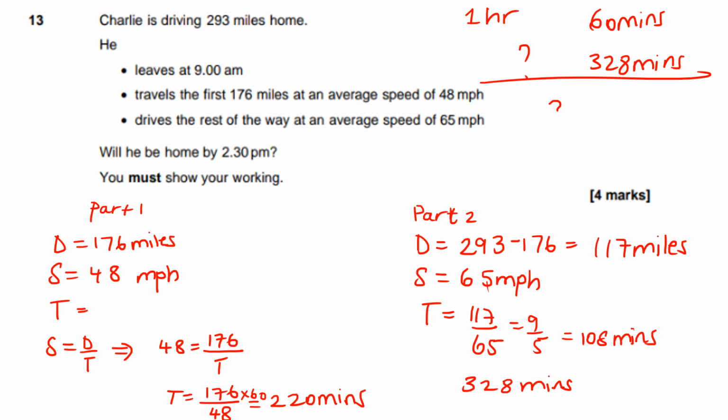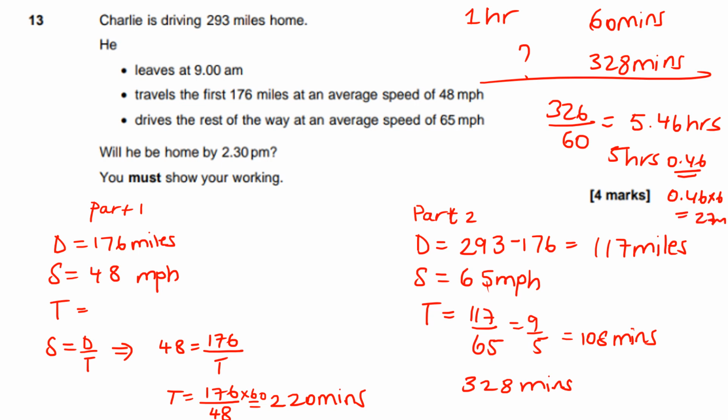That's going to be 328 divided by 60, which gives me 5.46 hours. That means 5 hours and 0.46 of an hour. So that is 0.46 times 60, which is around 27 minutes, guys. So that would mean 5 hours, 27 minutes.